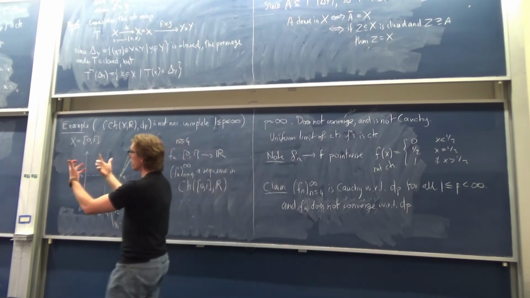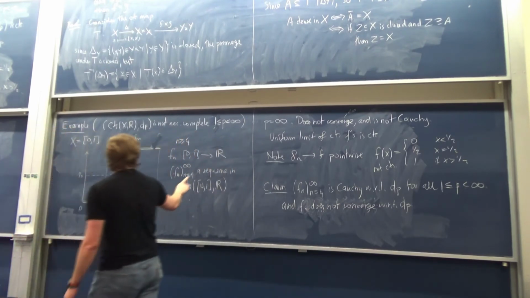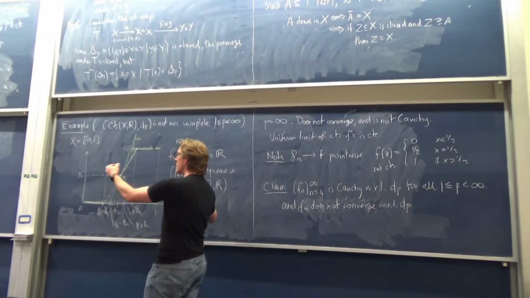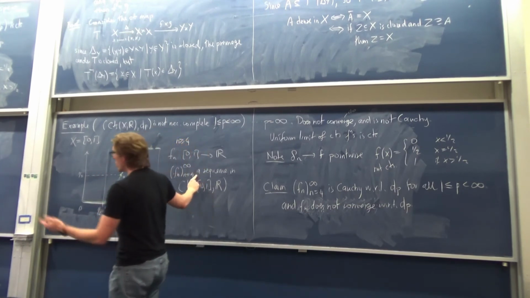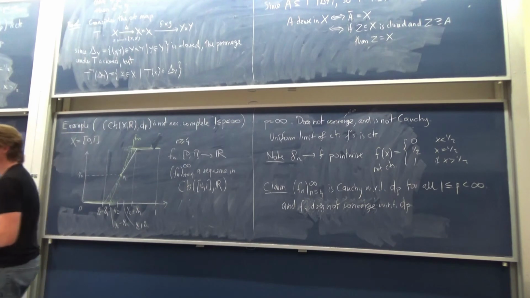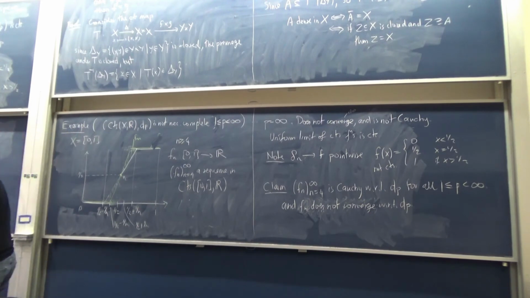So by forming the completion of this space with respect to dp, one of the things you're adding into your space is exactly this Riemann integrable but not continuous f.